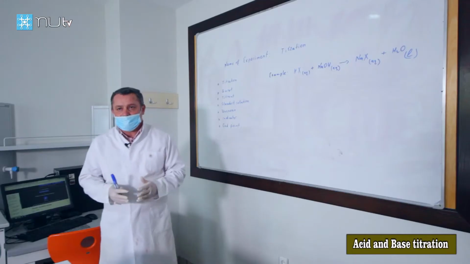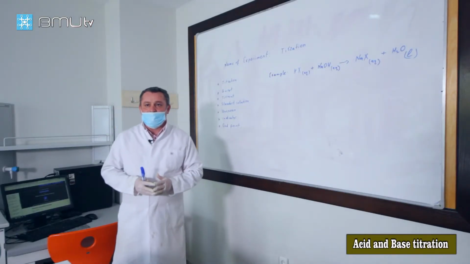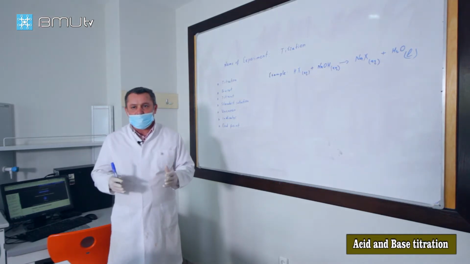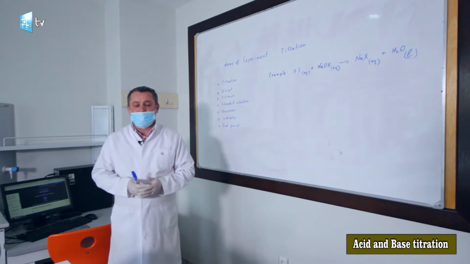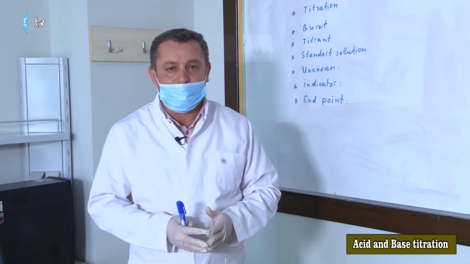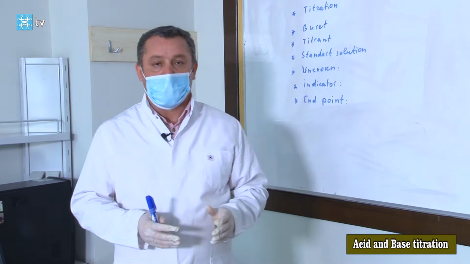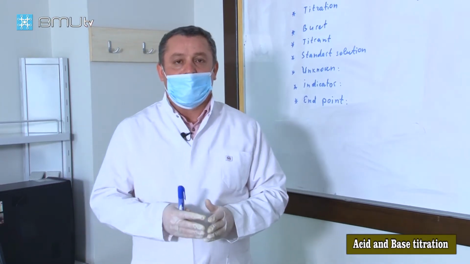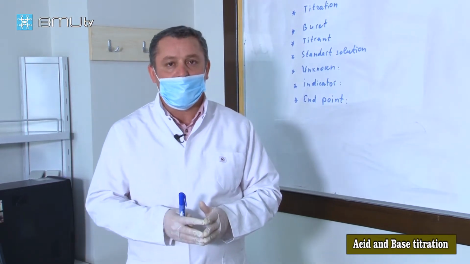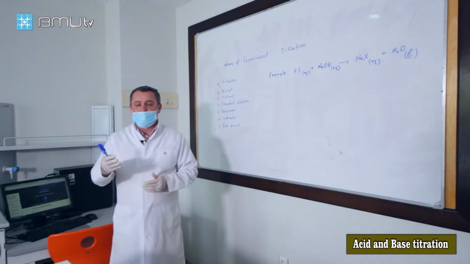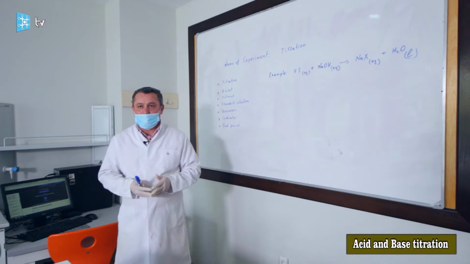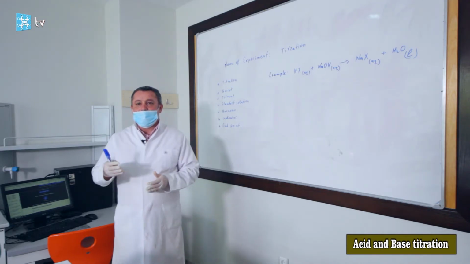During the titration experiment, we determine the concentration of an unknown acid using a solution of known concentration, for example sodium hydroxide, which is required to neutralize the known amount of the acid in the mixture.